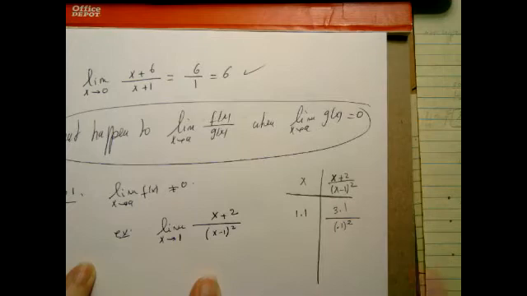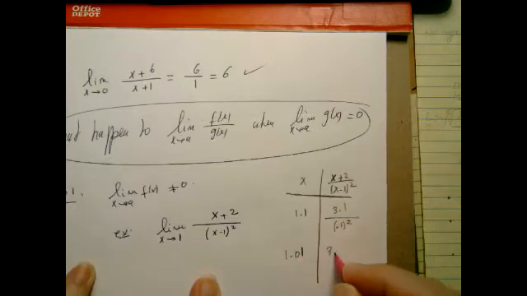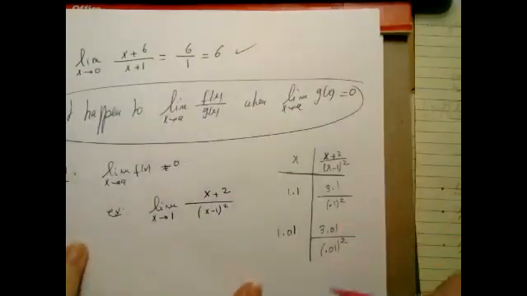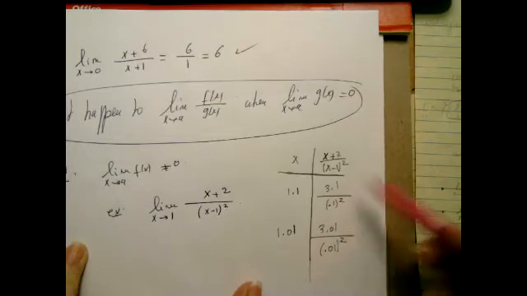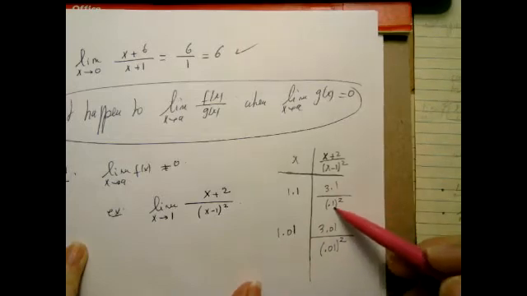Now, I'll take another one. Then I'm going to stop, and I want to tell you what's really happening. If I take 1.01, the numerator will be 3.01. The denominator is going to be 0.01 squared. So what will happen to the ratio in this scenario? I have 3.1 divided by something very small.